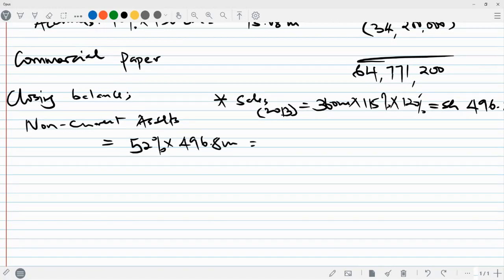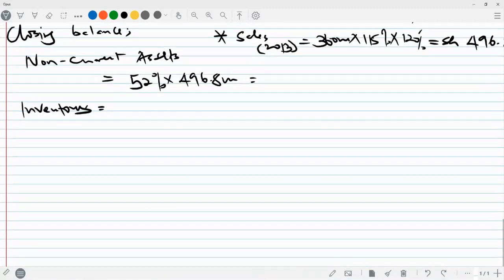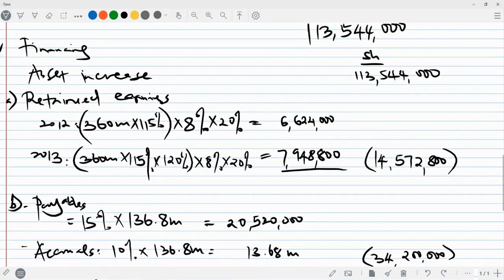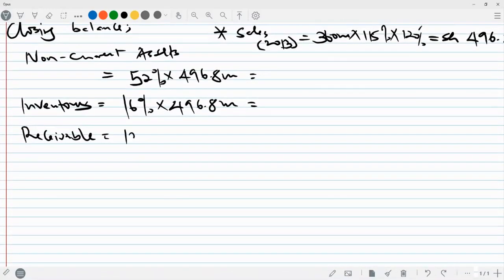Then the value for inventory will be equal to 16% times the sales figure, 496.8 million. Then you have receivable, which is 12% of sales, so 12% times 496.8 million.